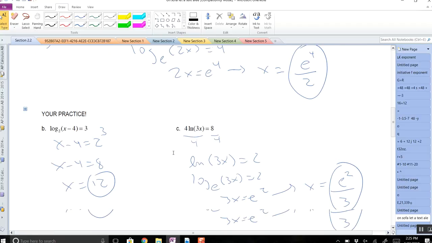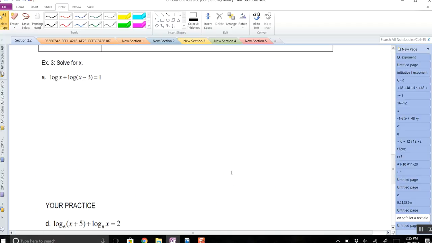We use a combination of these, or maybe just one of them. So if I see 2 logs being added, I'm going to condense it as a product, just like that. And by the way, if you don't see a base, hopefully you recognize that's base 10, the common log. So x times x minus 3 equals 10 to the 1 power.